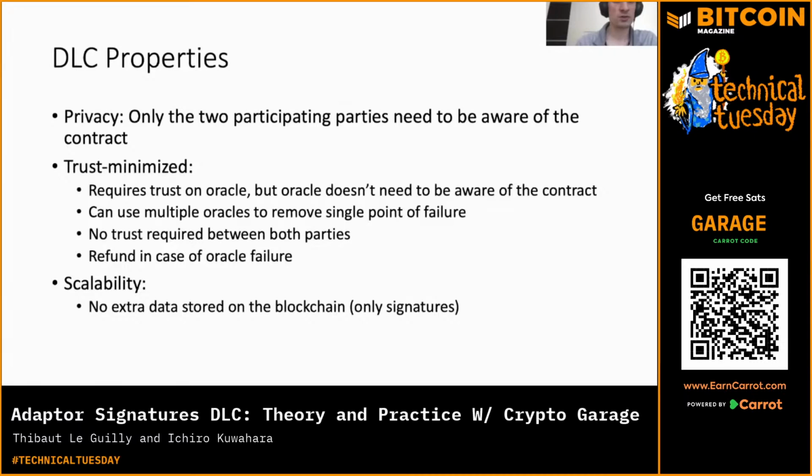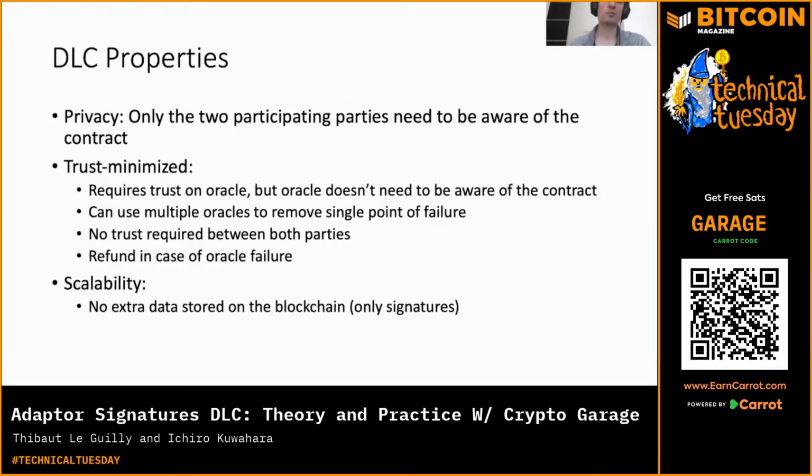So DLC is also trust minimized. Of course, you need to trust the oracle, but again, because the oracle doesn't know about the contract, there is less room for collusion between the oracle and the parties. And it's also possible, even though that's not something that is currently well supported, to use multiple oracles. So if you pick maybe 2, 3, 5 oracles, the chances of all of them colluding with your counterparty decrease quite significantly.